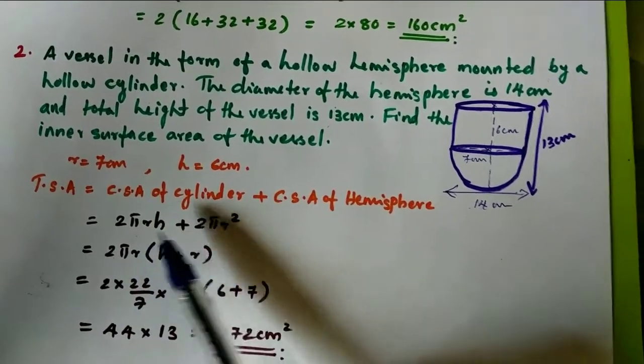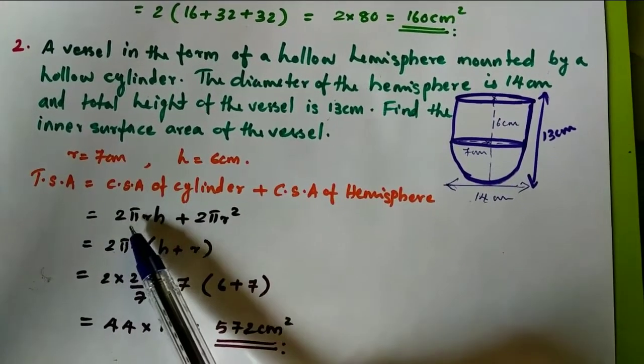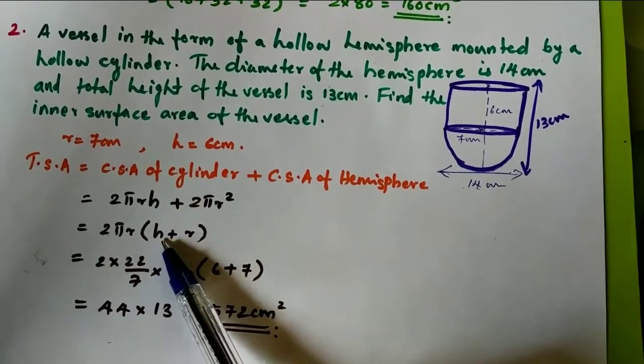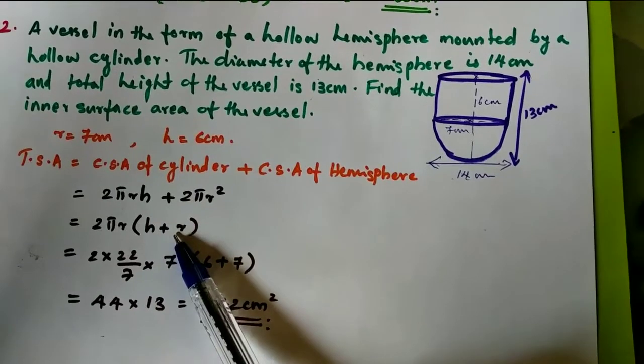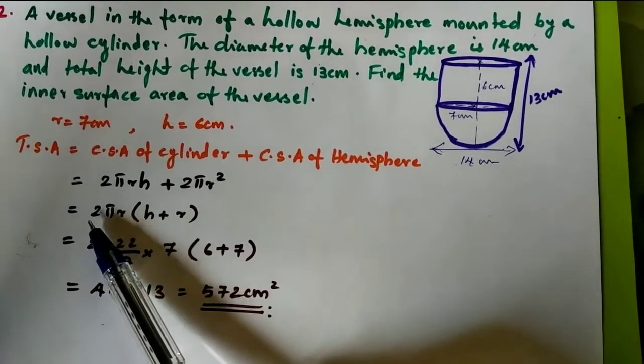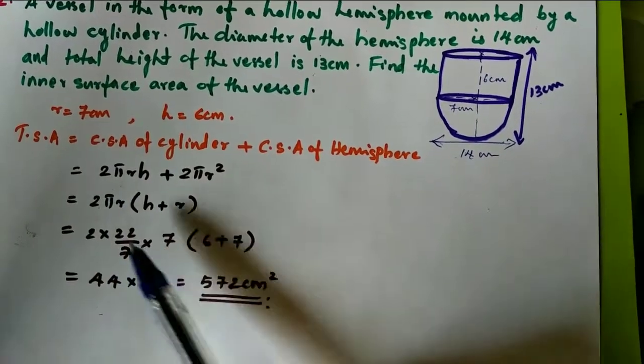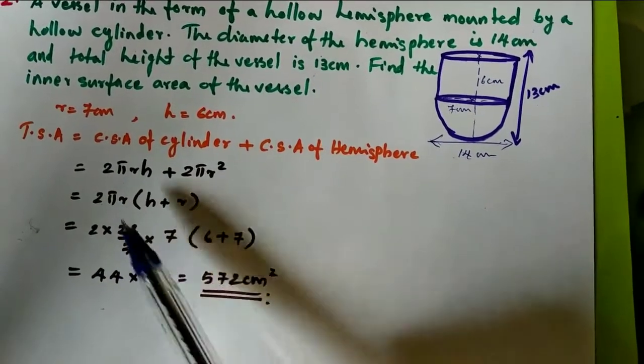We have the radius common, so we can take 2 pi r as the common factor, and here balance h and here balance r. So h plus r is in the bracket, and 2 into pi, 22 by 7. We can substitute 22 by 7 into r.